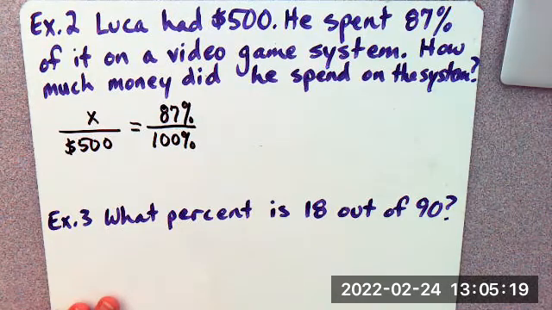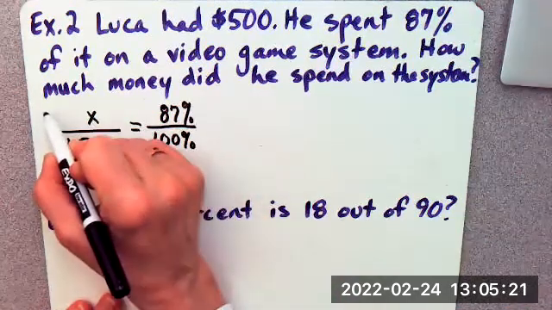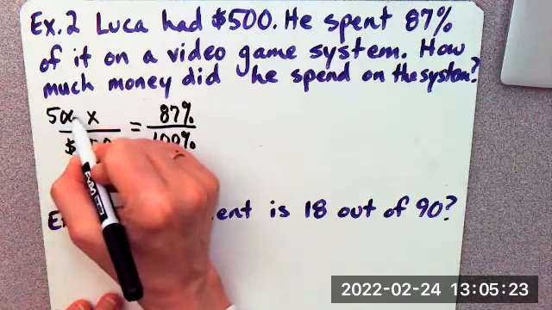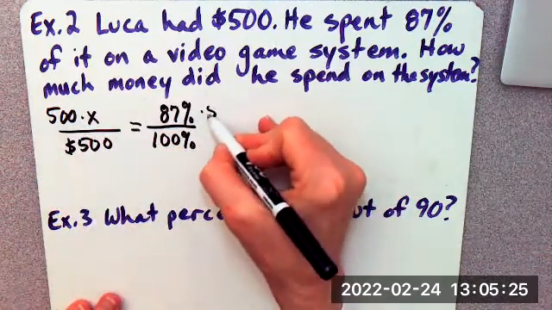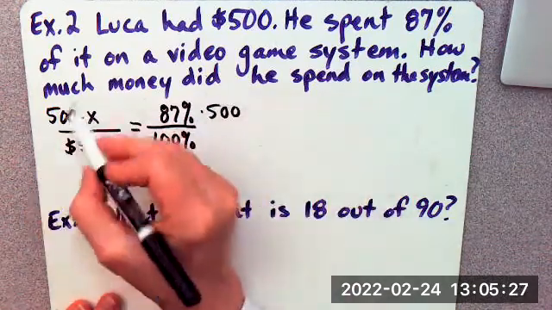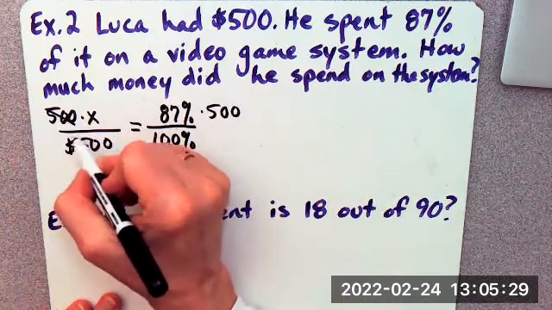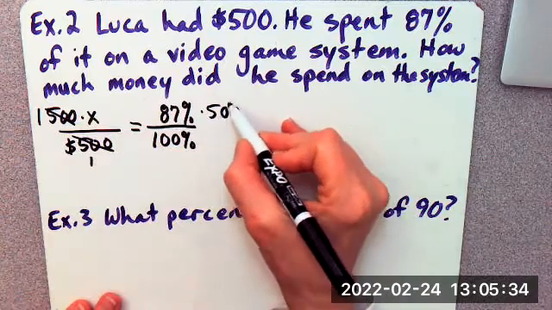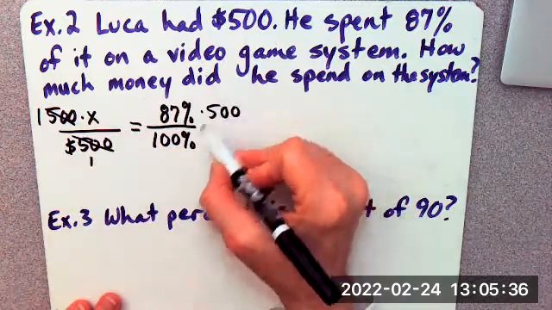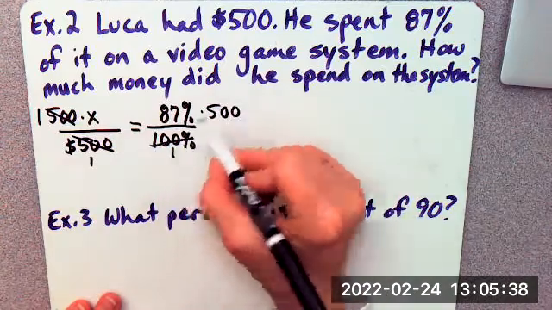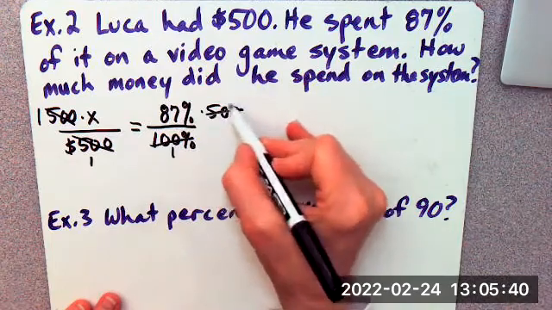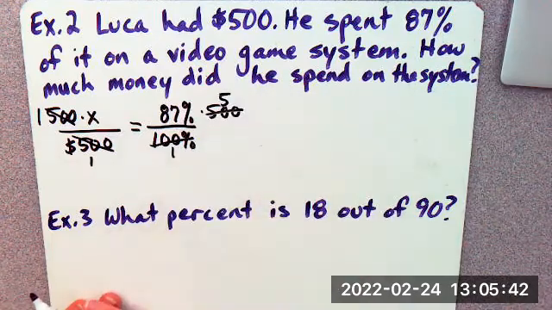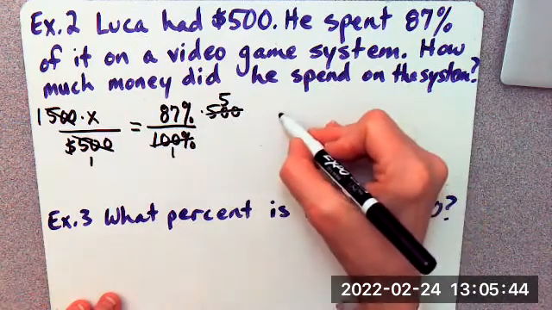Okay, so then all you have to do is multiply by 500 here, 500 here. Okay, 500 divided by 500 is just 1. And we can take 2 zeros off. Well, there's a 100 and 100, and there's 5 here. So now we have a very easy equation to solve.